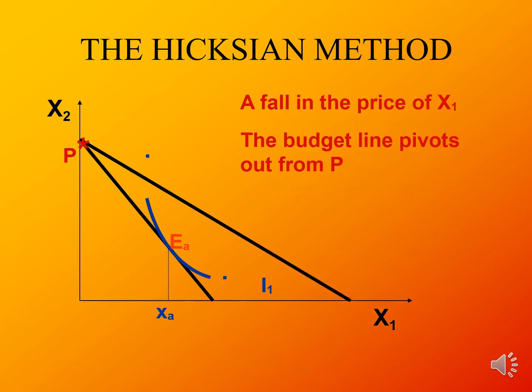Now, there is a price effect which is happening. That is, the price of the commodity X1 is decreasing, or there is a fall in the price of X1, which makes the budget line slope upward, and a new budget line is formed.